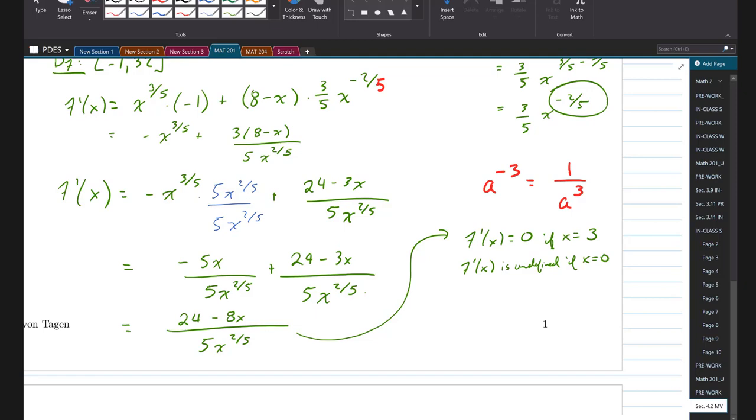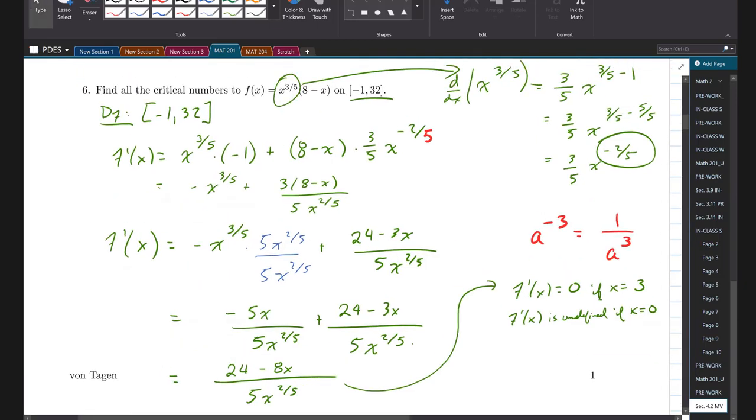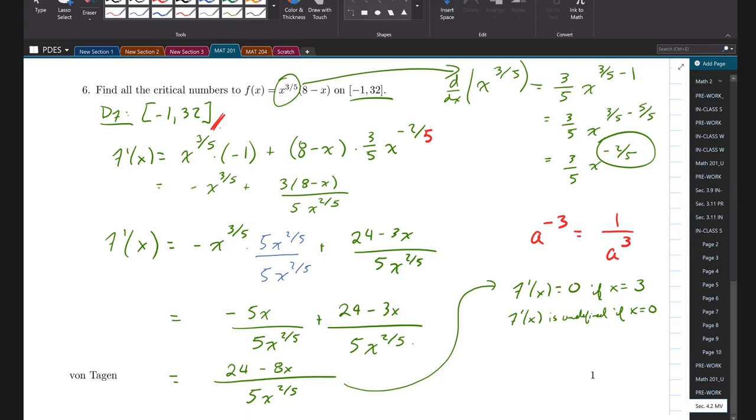Just to clarify, an interior point is in the domain, but it's not on the boundary of the domain. So for example, here our domain was -1 to 32. If I found that 32 was a place where the derivative was 0, I wouldn't technically count it as a critical number. Or if I found that -1 was a place where the derivative was undefined, I wouldn't count it as a critical number.